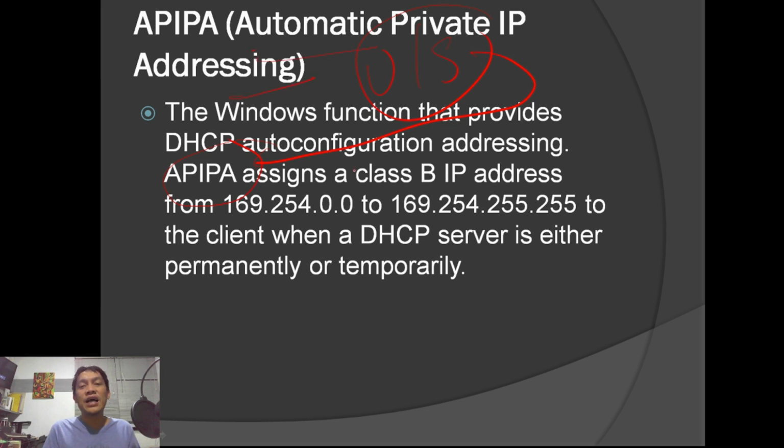Usually that is a class B IP address, 169.254.0.0 to 169.254.255.255, given to the client when the server is unavailable, either permanently or temporarily. This means that if you don't have a DHCP server, the operating system automatically gives a 169 IP address to your computers. That is what we call APIPA.